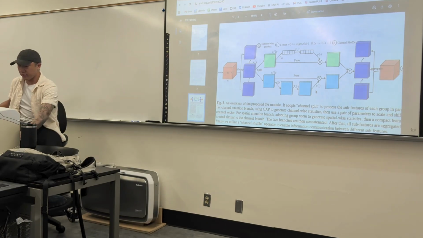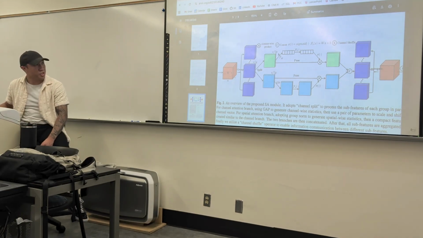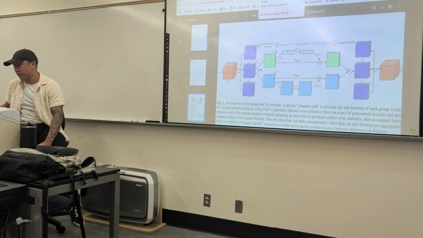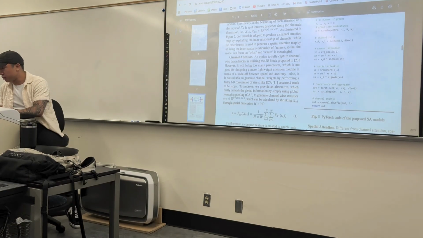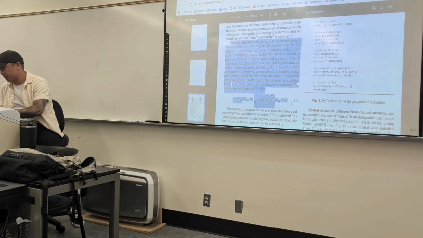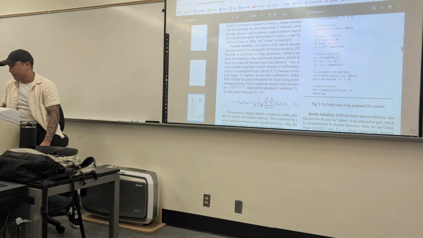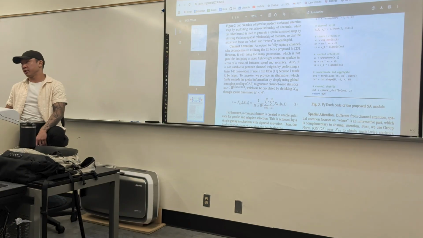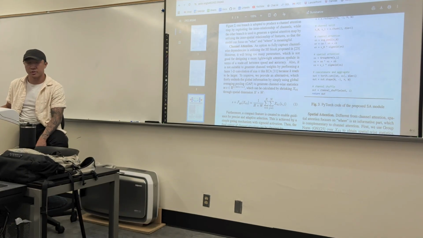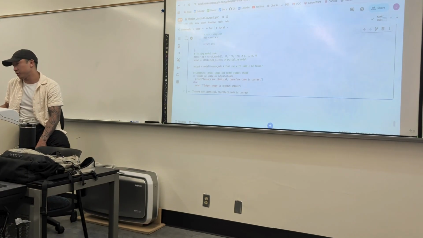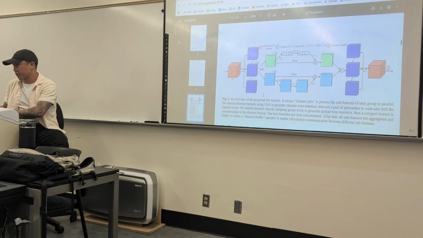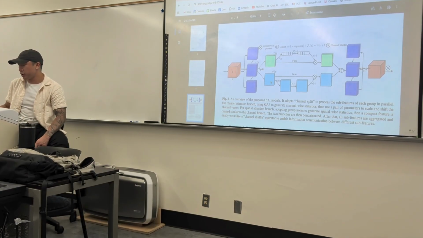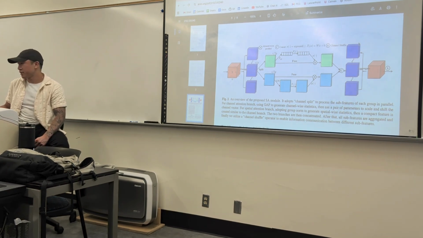I'm doing it a little differently because my channel and spatial attention is more complex than what they did, which is a lot simpler. I made it more complicated because I wanted you to understand the more difficult version, and we are going to be using it. If this is the architecture, we coded out the green and the blue. All we need to do is code out the purple, and then we're done. That's what we're doing next week.